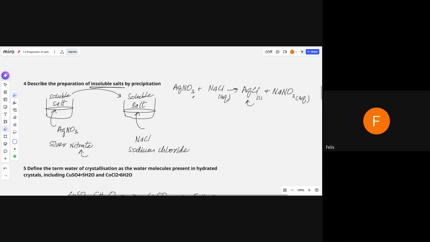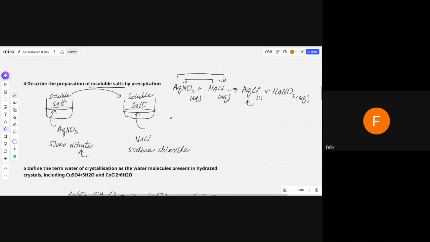The solutions appear clear because the soluble salts are dissolved. This is called a double displacement reaction, where silver joins with the chloride ion, and sodium combines with the nitrate ion. So this is how it works.